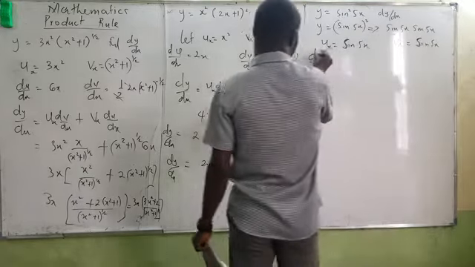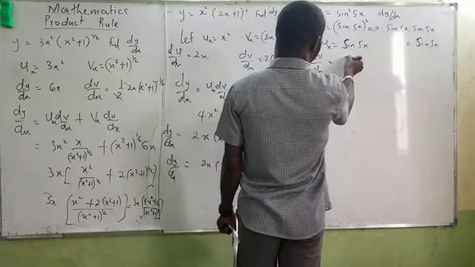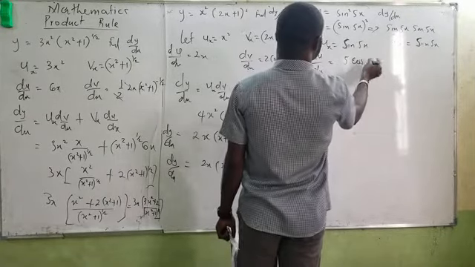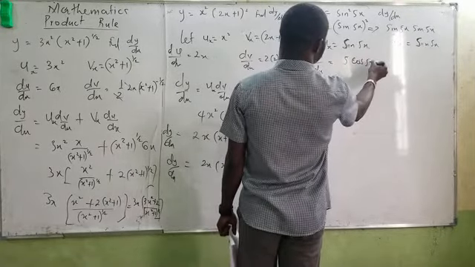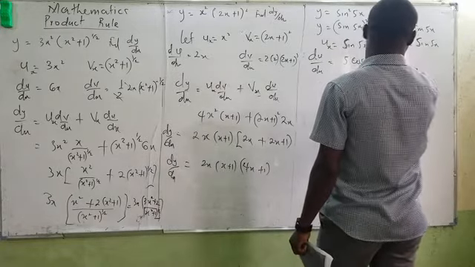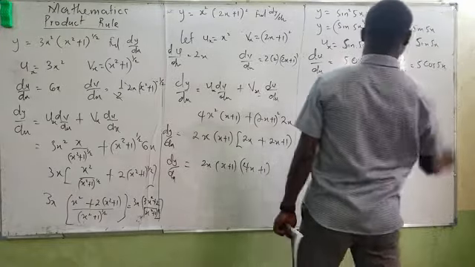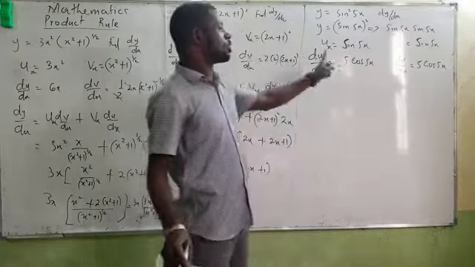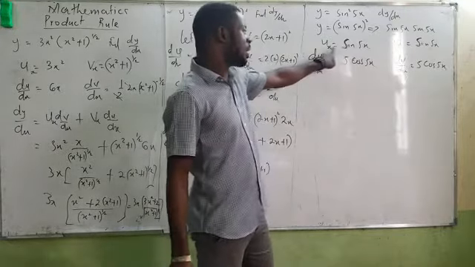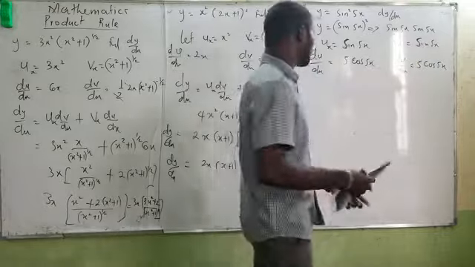Okay, the du/dx will be equal to 5 cos 5x. The same thing, the dv/dx will be equal to 5 cos 5x. This is also function of function, because bring down the power, differentiate everything, I have cos, which I return the function. The same thing that will occur there.